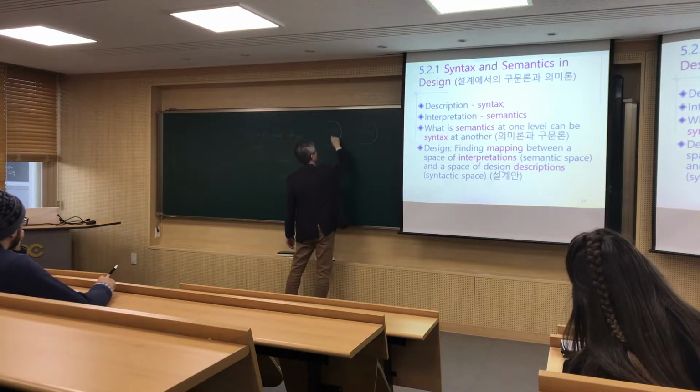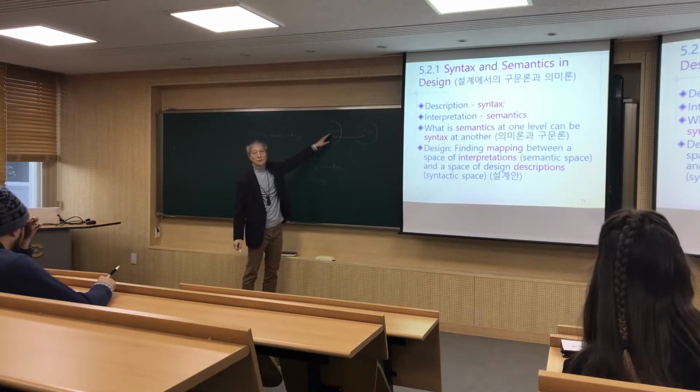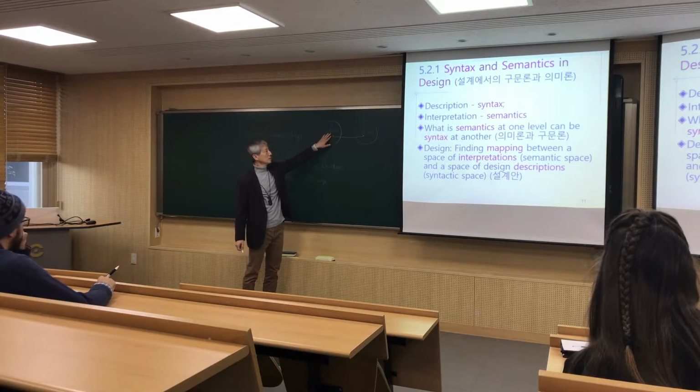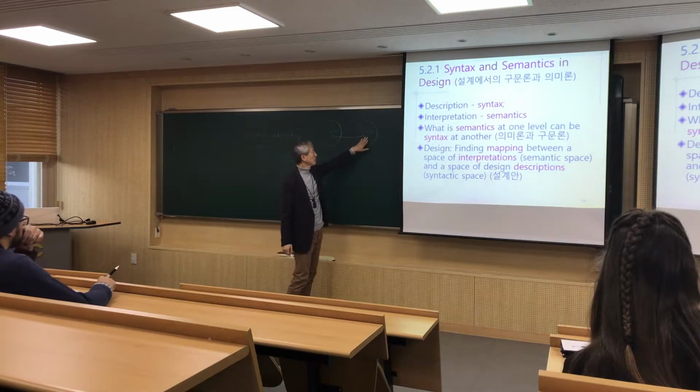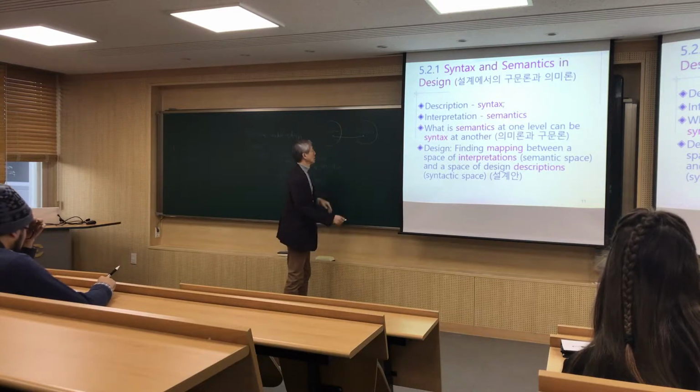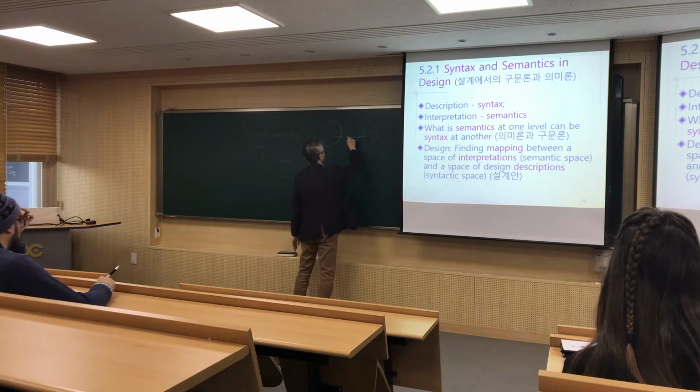So the mapping between them. So this is something like a required performance or design requirement, and trying to find out the best design alternative. Or another way, interpretation goes in these directions.